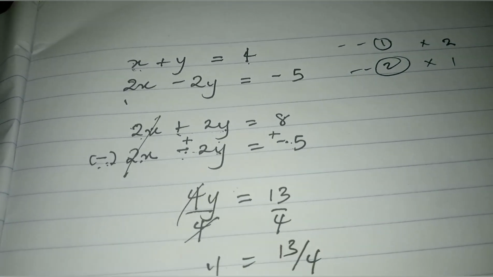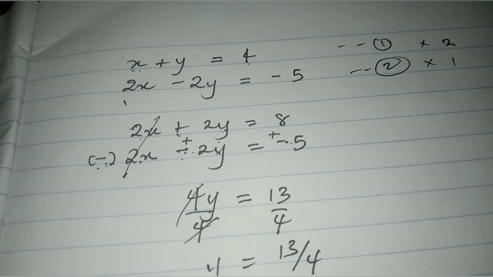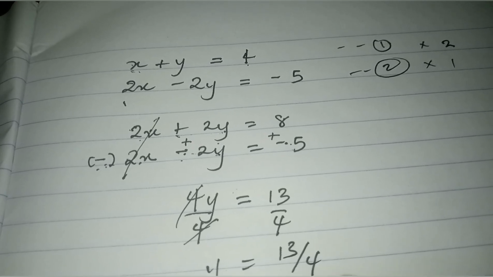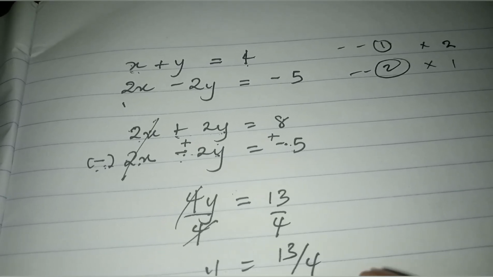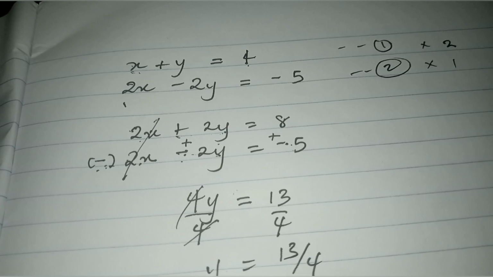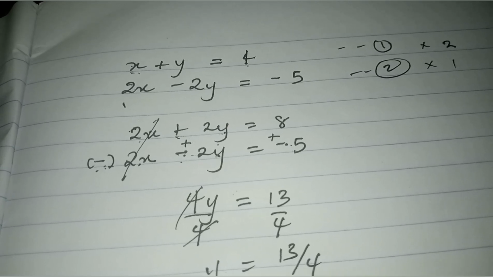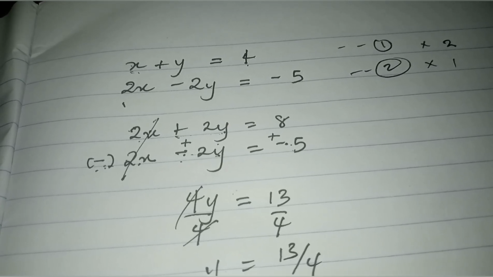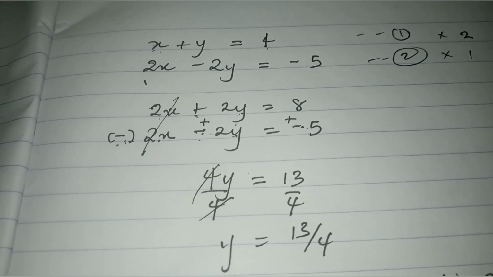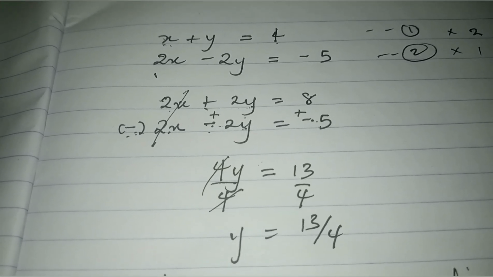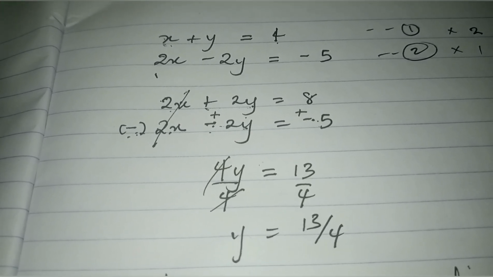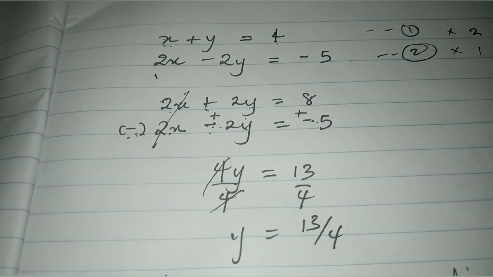Now how do we get x? We substitute the value of y in either of the equations. We can use equation 1 or equation 2, but we use equation 2. What's my equation 2? 2x minus 2y equals minus 5. So I'll put the value of y there.